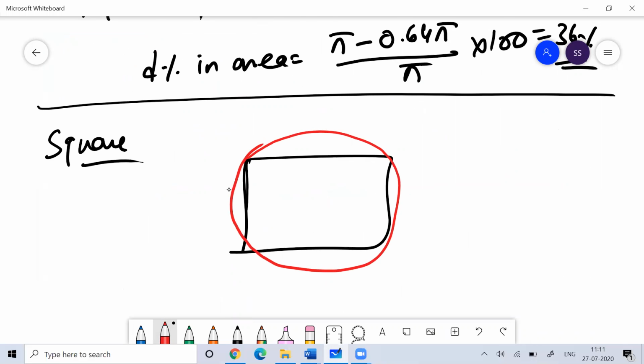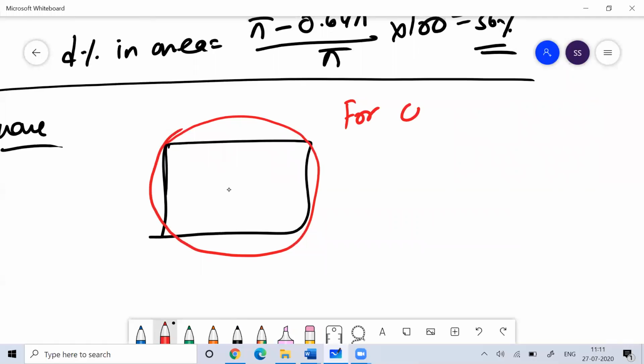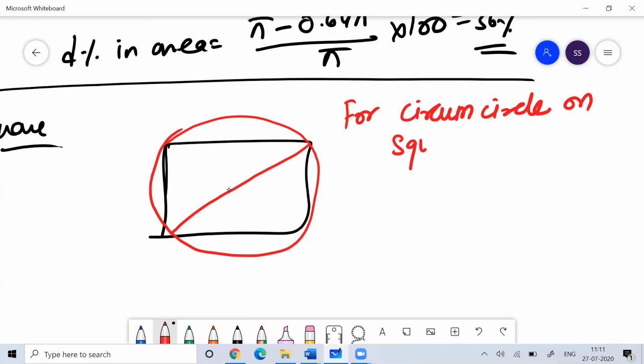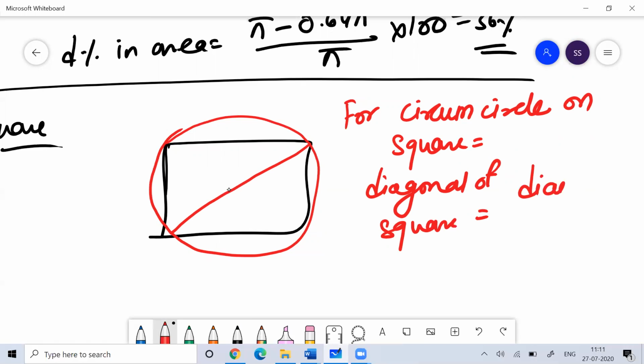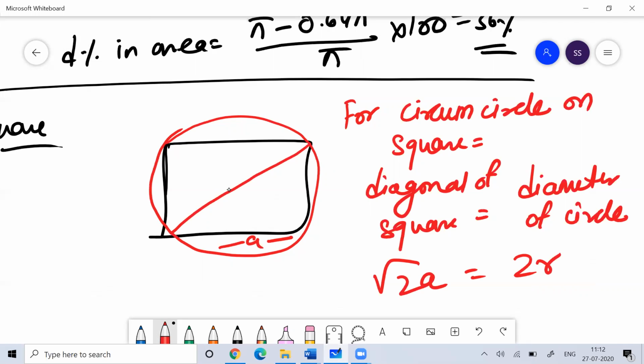For a circumcircle on a square, you need to understand that the diagonal of the square will be equal to the diameter of the circle. The diagonal of a square is root 2 a, where the side is a, so that is equal to the diameter of the circle.